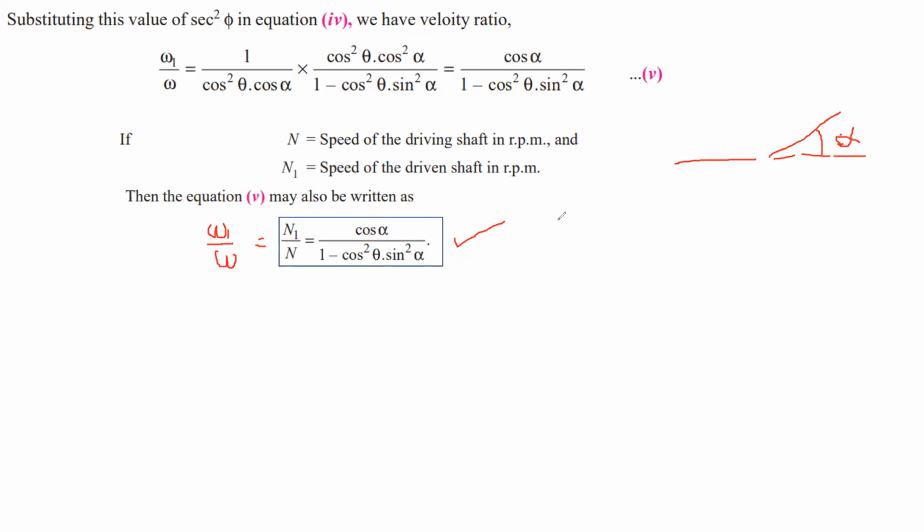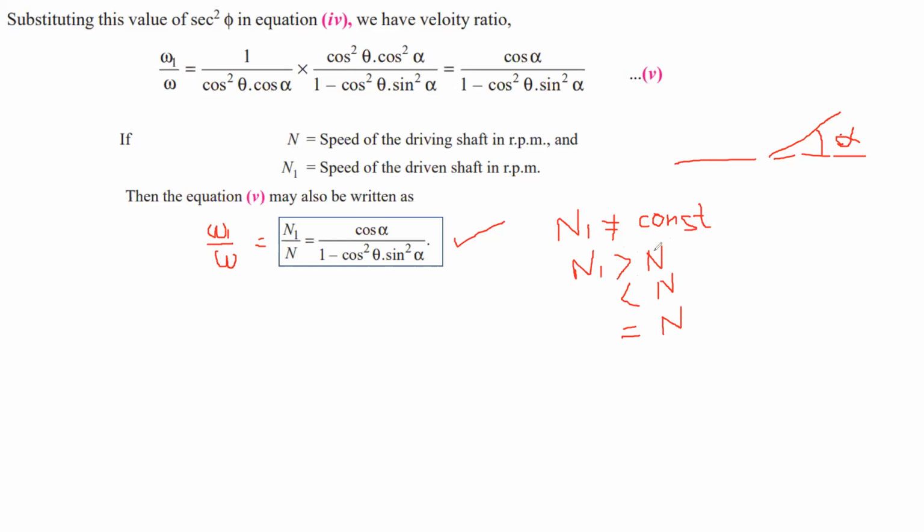So we already know that n1, the speed of the driven shaft, is not constant. It varies. Sometimes n1 is greater than n, sometimes it is less than n, and sometimes it is equal to n.